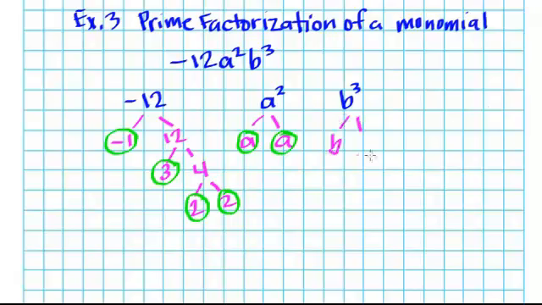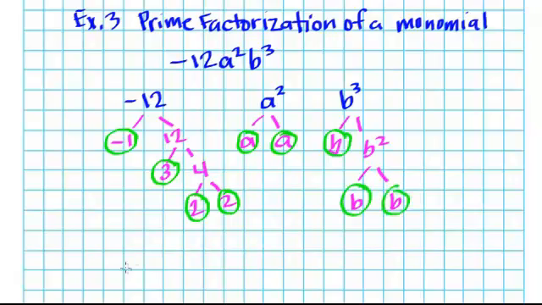Well, if I multiply b times b squared, that gives me b to the third. But I can't factor out b anymore. But with that b squared, 2 numbers multiplied together that give me b squared are b times b. And since my b's are prime, I can stop there.